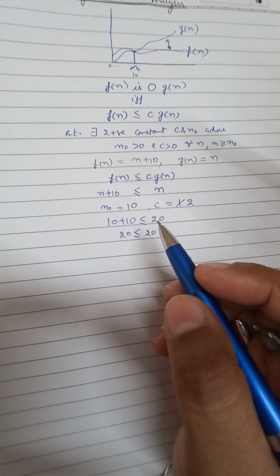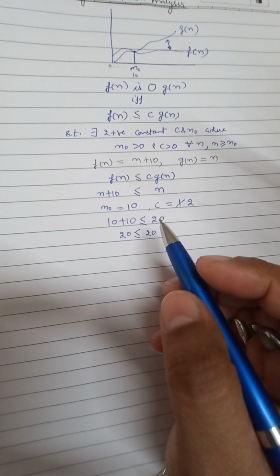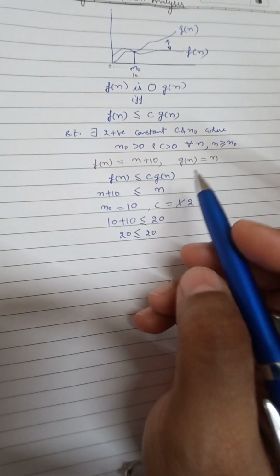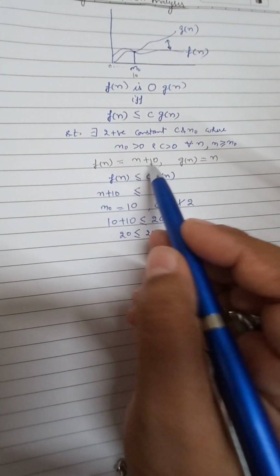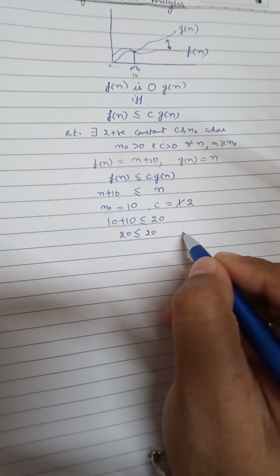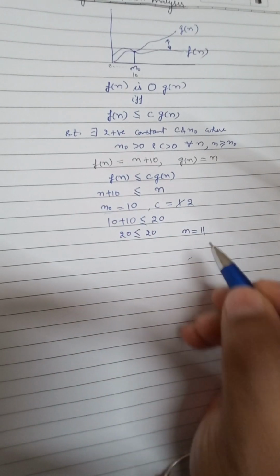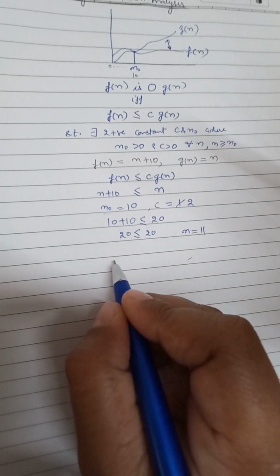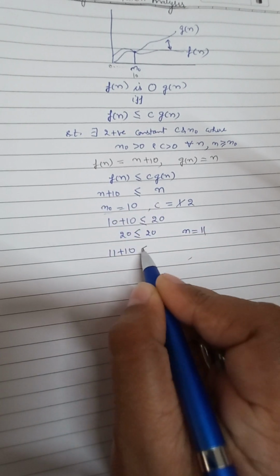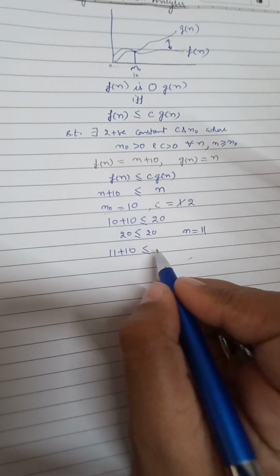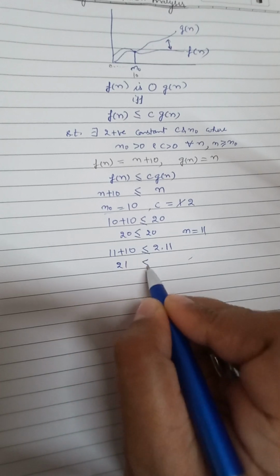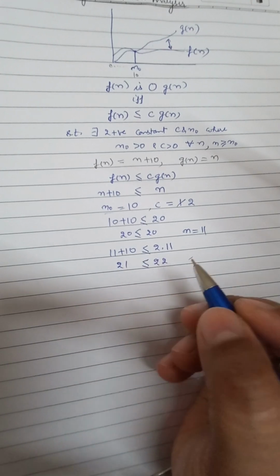Now it should satisfy the condition for all values after that n naught. So suppose I take n as 11. Here I took 10, now I am taking 11. So 11 plus 10 is 21, and 2 into 11 is 22.